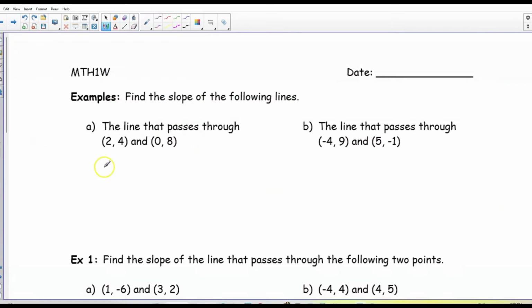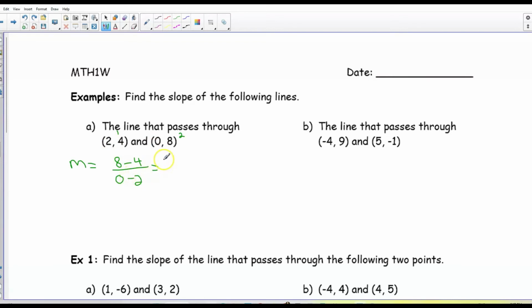So if we want to keep using that formula and say m equals, well, this is point number 2, right? And this is point number 1. So if it's y2 would be 8, y1 would be 4, over x2, which would be 0, minus 2.